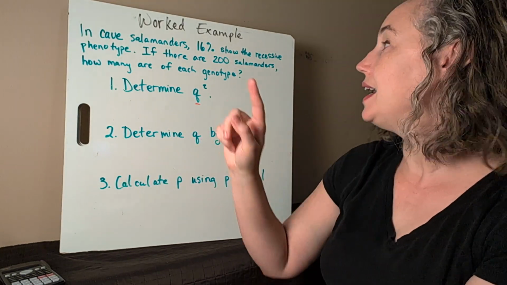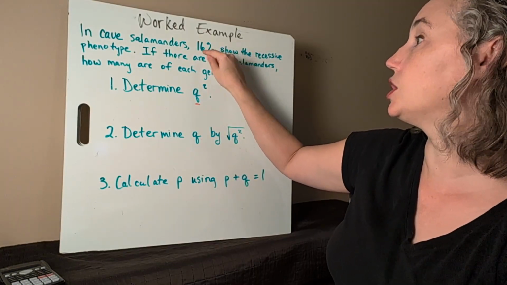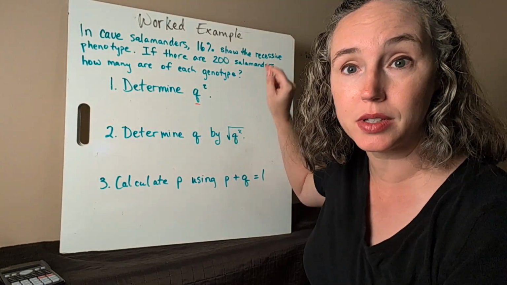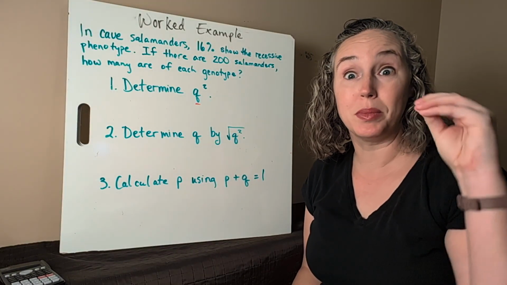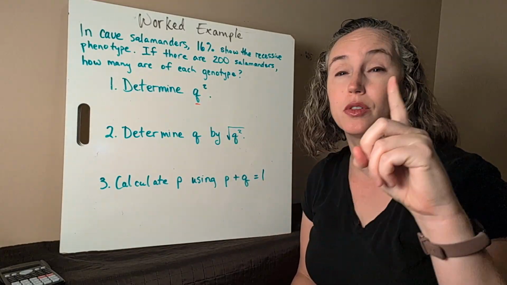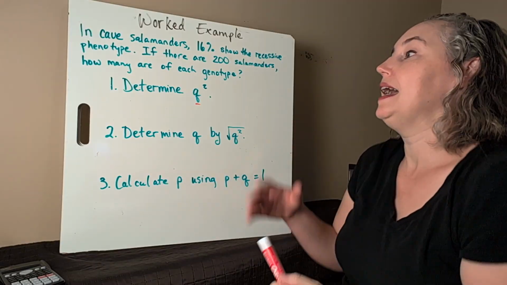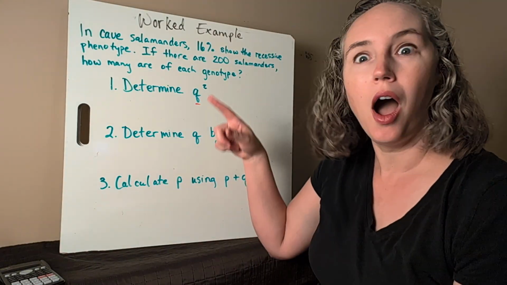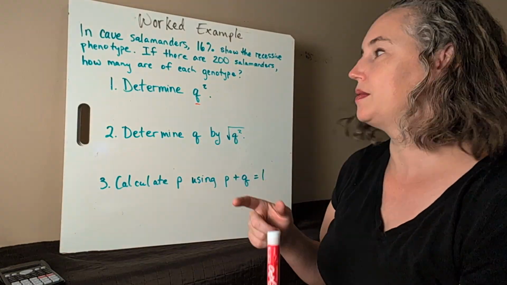Well, luckily, it's giving us the 16% that show the recessive phenotype. Remember, that's our little a is going to be the genotype that pairs with the recessive phenotype. So there's only one genotype that could possibly have that phenotype, and that's little a, which, hey, is the genotype that corresponds with Q squared.